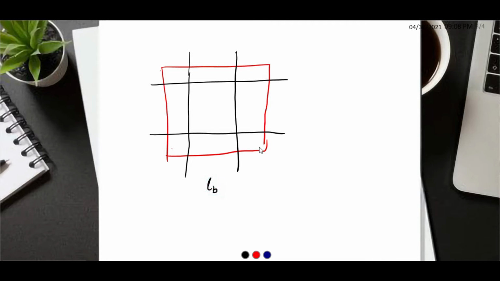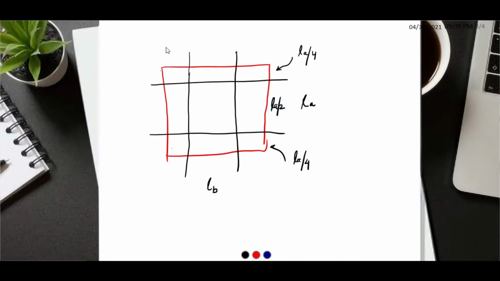Let this be LB, the greater length of the slab, and the shorter side is LA. Then we divide the slab in such a way that this portion is 1/4 of the edge. Similarly this is LA over 4 and this middle portion is LA over 2.